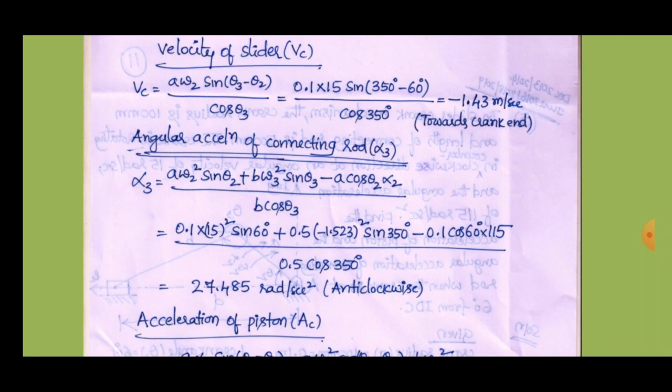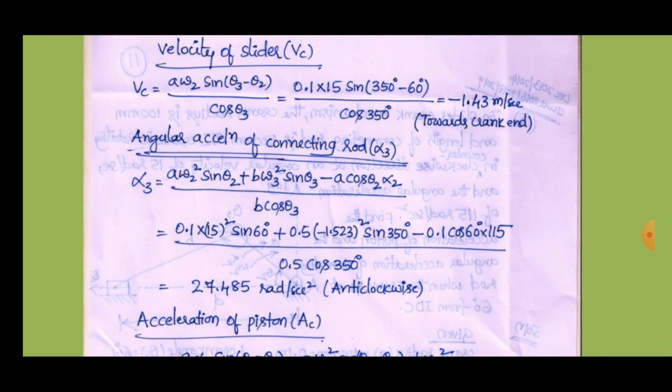Alpha 2 value is given in the problem, so you have to substitute the given value. After substituting all the values, I get angular acceleration of the connecting rod alpha 3 as 27.485 radians per second square. It is positive, therefore in the bracket I wrote anti-clockwise.